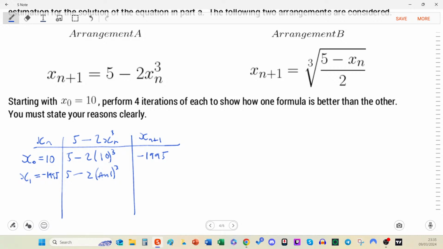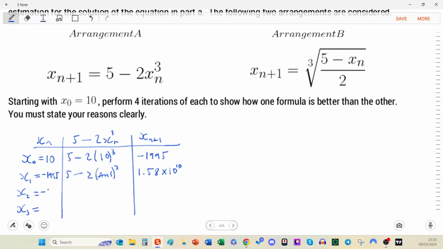And then when we press equals, we're going to get our number, which is a ridiculously big number. I'm going to just write it in standard form, 1.58 times 10 to the power of 10. We're going to press it again, and at this point we're going to get x2, and we're going to do it once more after that.